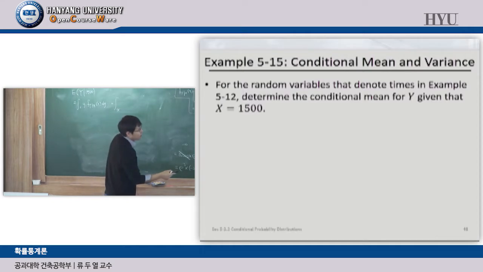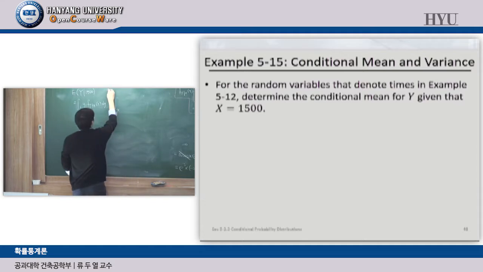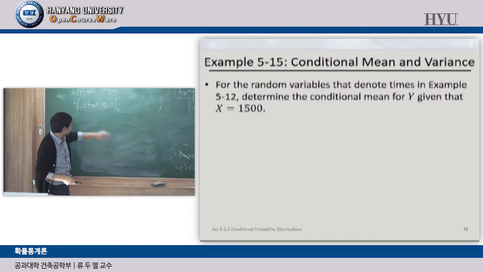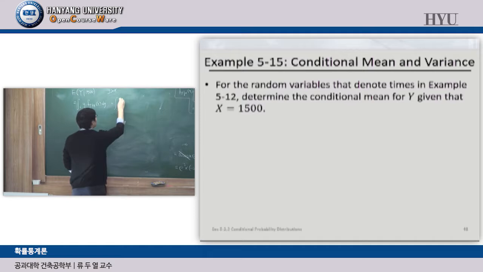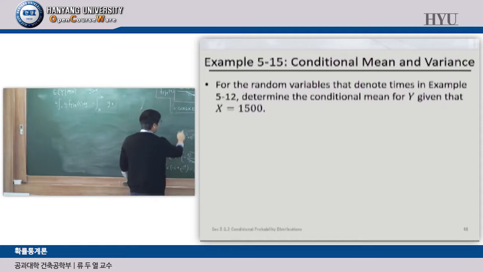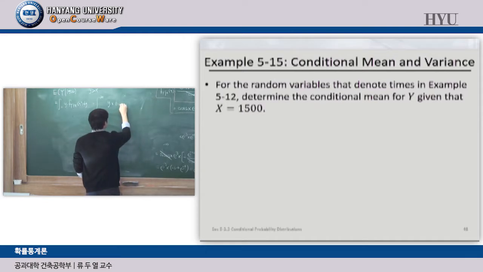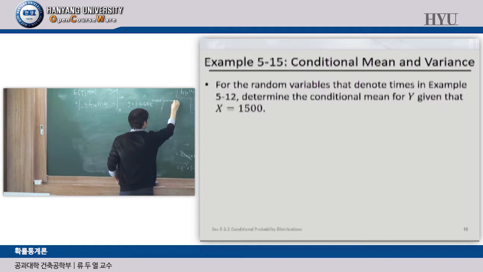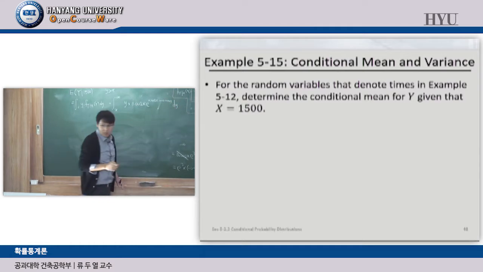Because in the previous example 5-12, y is larger than x. So in this case, the starting point is from x, to infinity, y times the conditional probability density function of y given x. That is equal to this equation, so that is 0.002 times exponential 0.002x minus 0.002y dy.